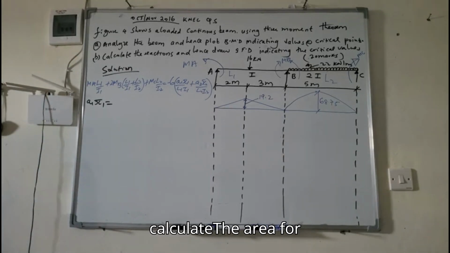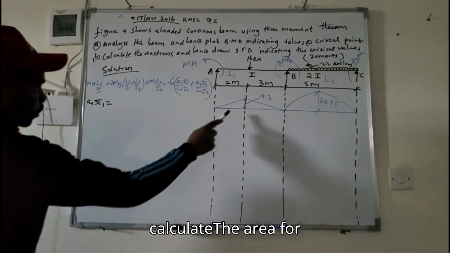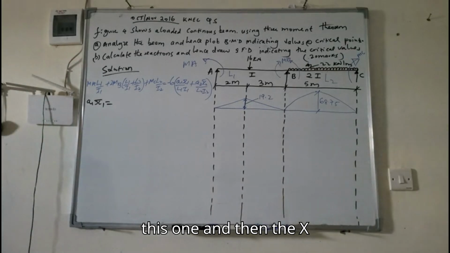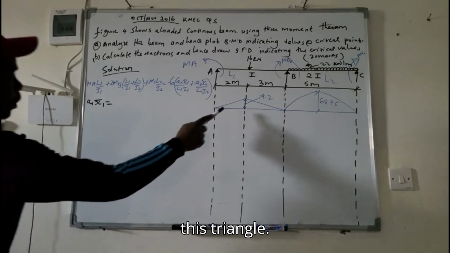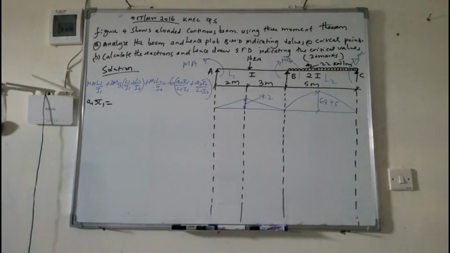So you will calculate the area for this one and then the x bar, which is the centroid for this triangle. So you can use two methods. So let's begin.